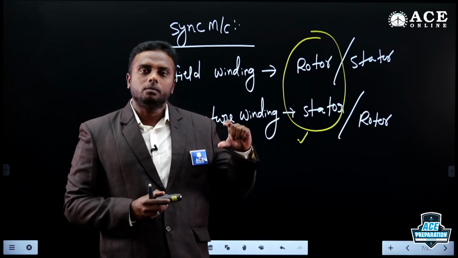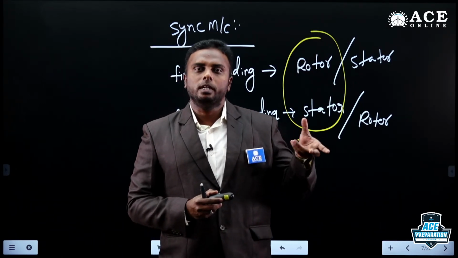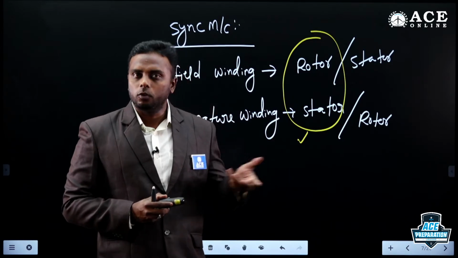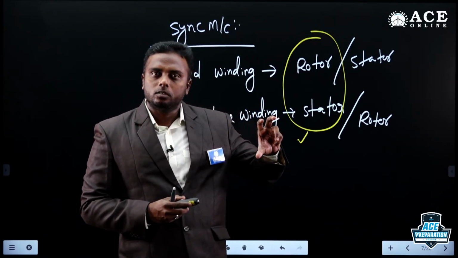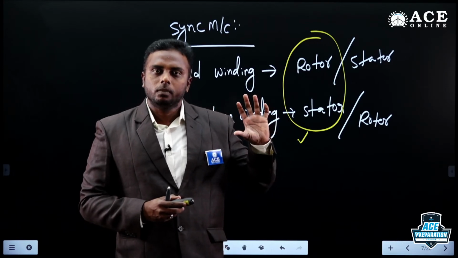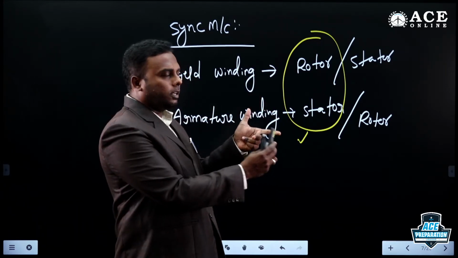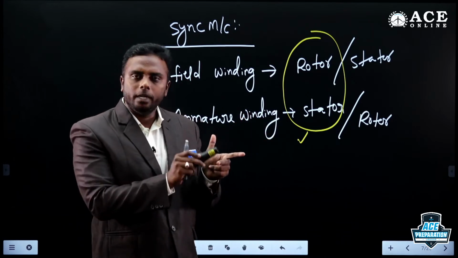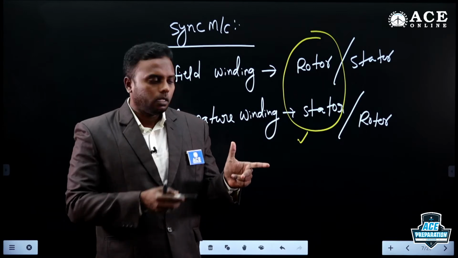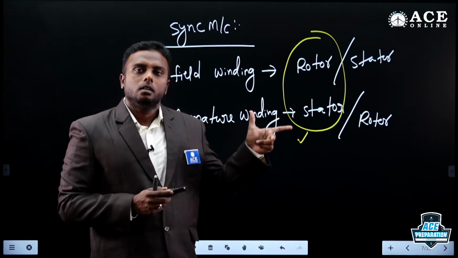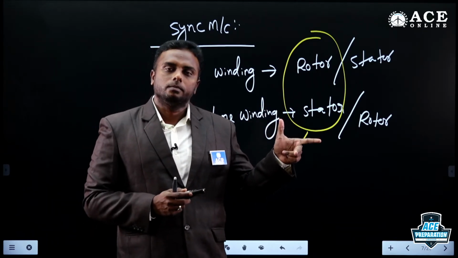Because of that current carrying conductor, some force will develop. That is the Lorentz force principle only. Because of the force, the conductor starts moving in some direction. So Fleming's left hand rule: forefinger is the direction of flux, middle finger is the direction of current flowing in the conductor, and the thumb indicates the direction of force or torque.